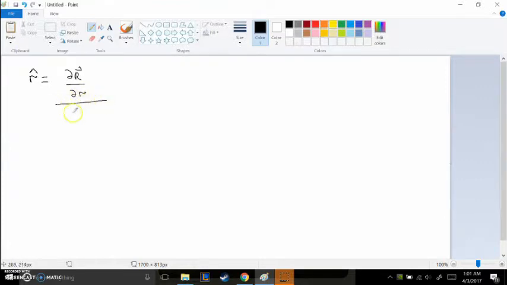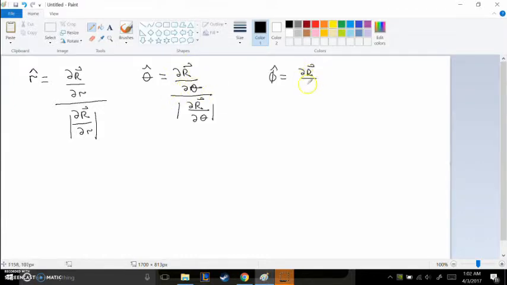We have to divide by the magnitude of dr by dr. These expressions for theta hat and phi hat, we have to divide by the magnitude in order to make sure that these values are equal to 1, because we're using them as the basis for telling somebody how far something is away from us in terms of these unit vectors. I'll rewrite it for convenience as well.